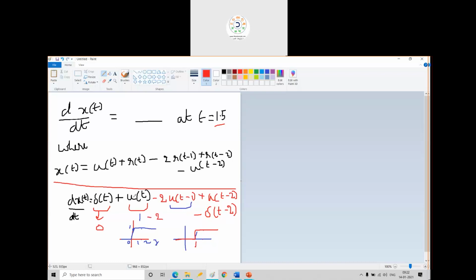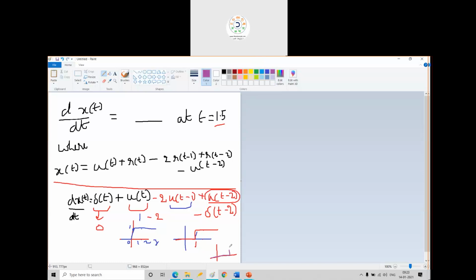This is 1, and this is contributing minus 2 in total. Now u of t minus 2: if we draw the diagram, up to 2 its value will be 0.